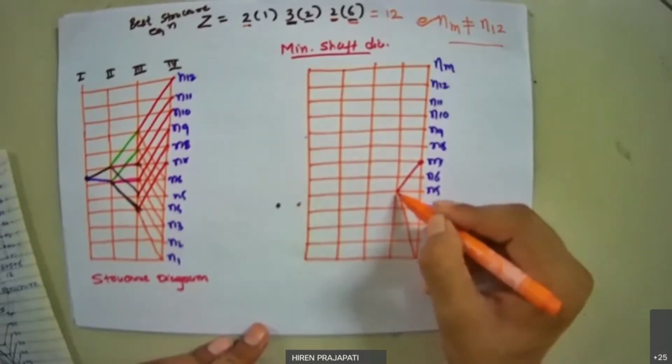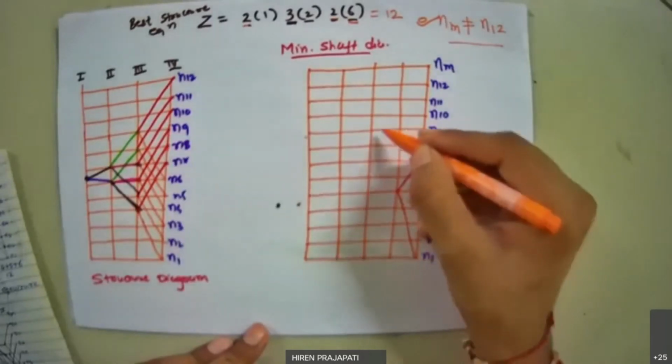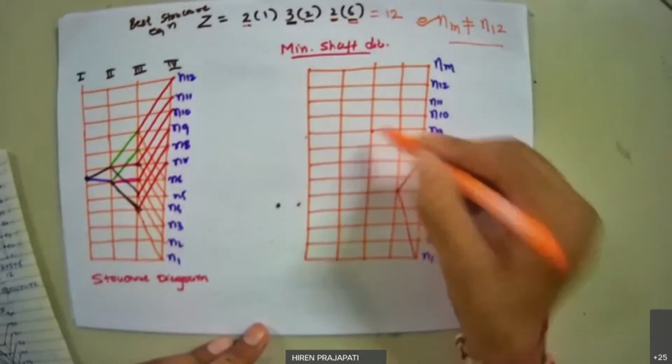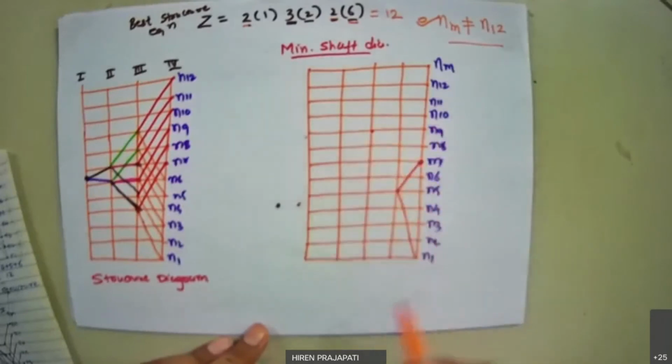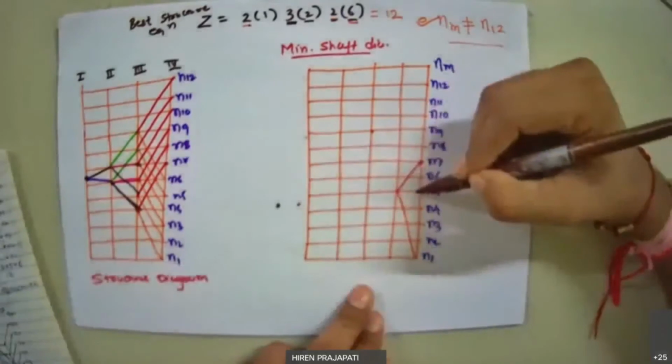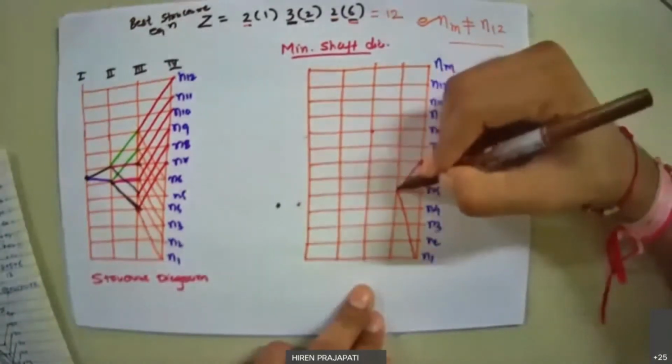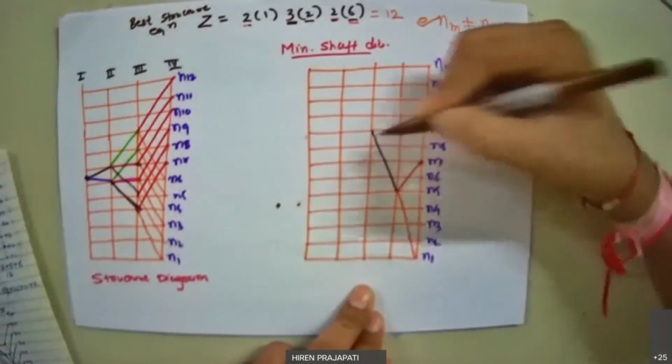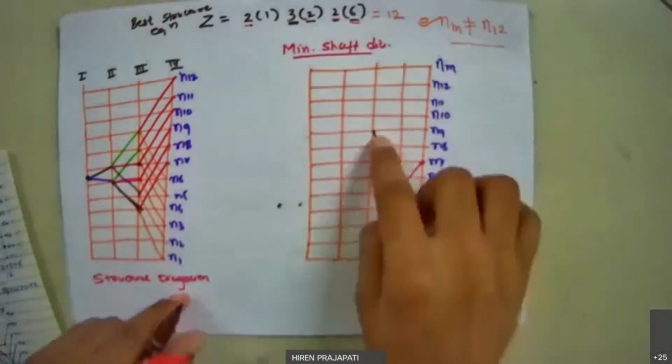So again, from N5, if I go for 1, 2, 3, 4, reduction up to 4, then I need to pick N9 speed as the input speed, right? So I consider N9 as the input speed to achieve N5, right? So the first line is here.